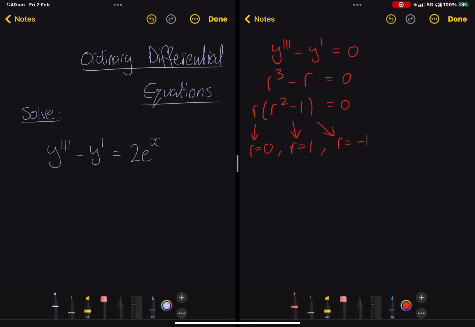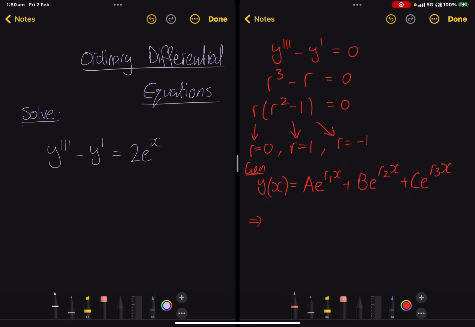So we have three solutions here: r is equal to 0, r is equal to 1, and r is equal to minus 1. Now when we're solving these types of equations, if we get real distinct roots, the general solution y of x will take the form a times e to the r1 x plus b times e to the r2 x plus c times e to the r3 x.